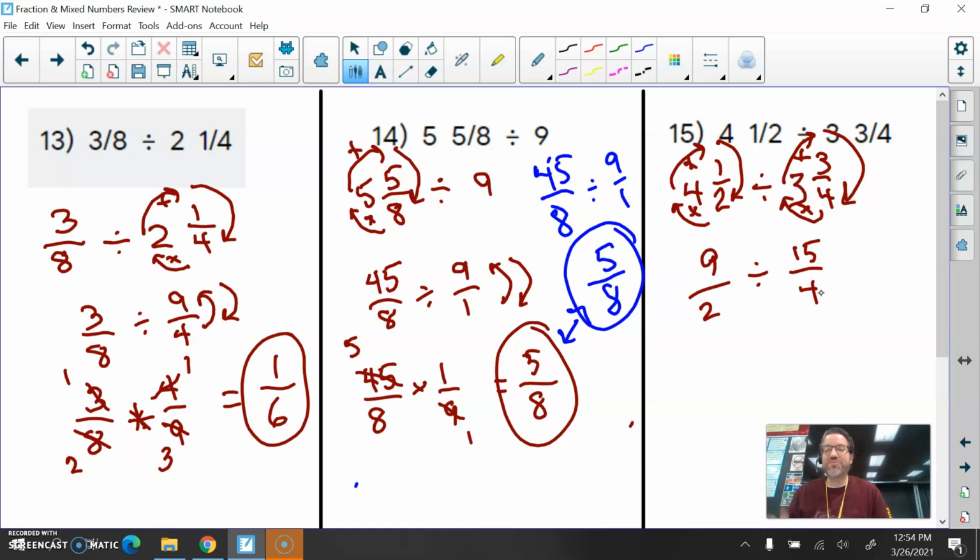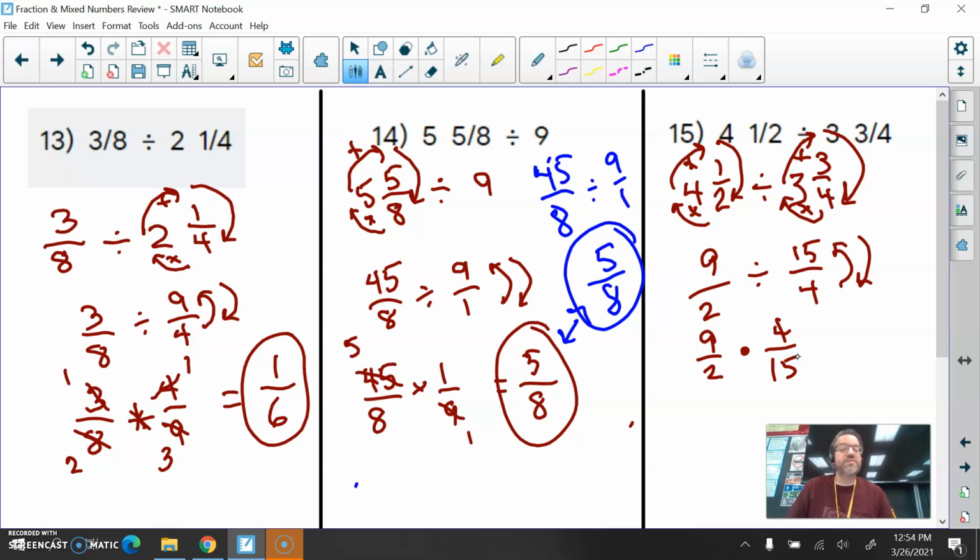Now, let's rewrite it in multiplication mode. So we have 9/2 times, I'll use a dot for my times sign this time. And then I need the reciprocal. We multiply by the reciprocal of that second fraction. So flip it over and we have 4/15.